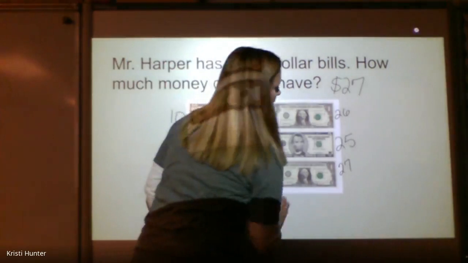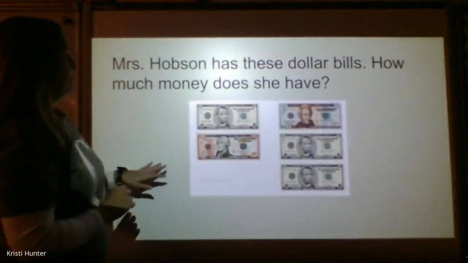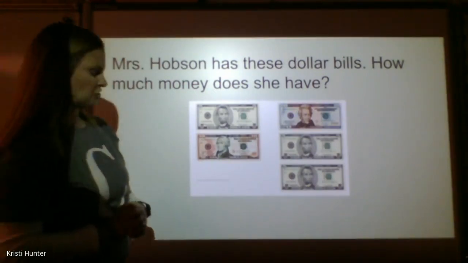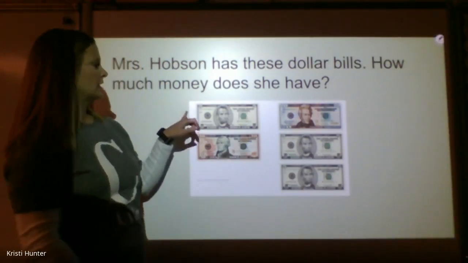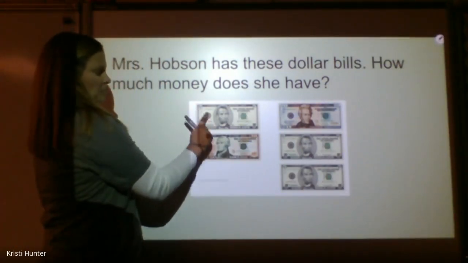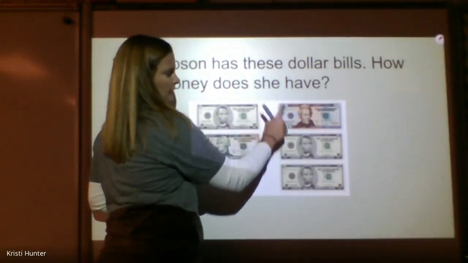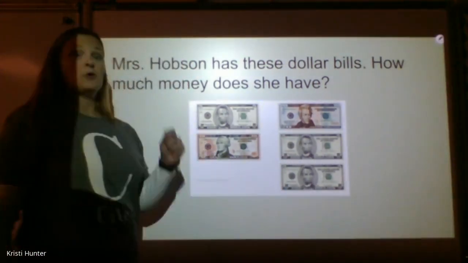So let's look at another collection of bills here. Mrs. Hobson has these dollar bills. How much money does she have? So I'm going to, again, look at the values that it says on my bills. So she has a $5 bill, a $10 bill, a $20 bill, another 5, and another 5. So I heard 20.